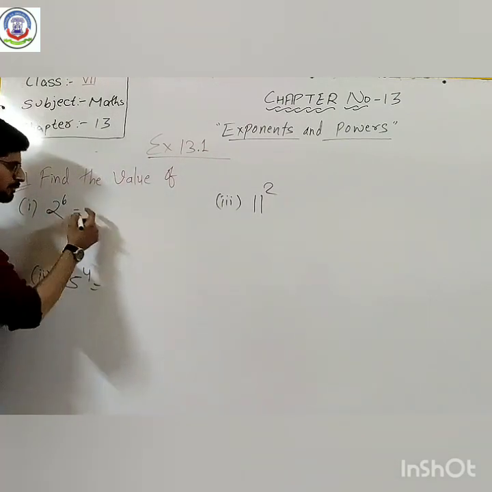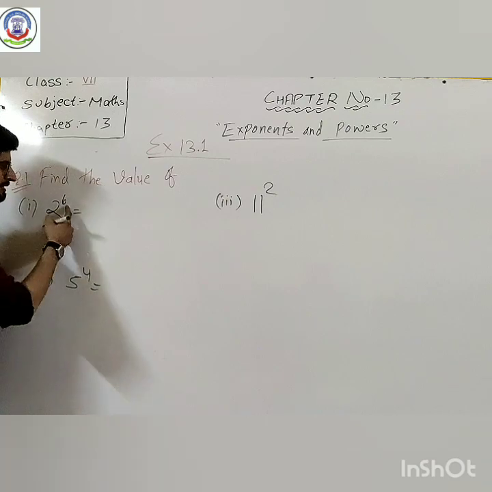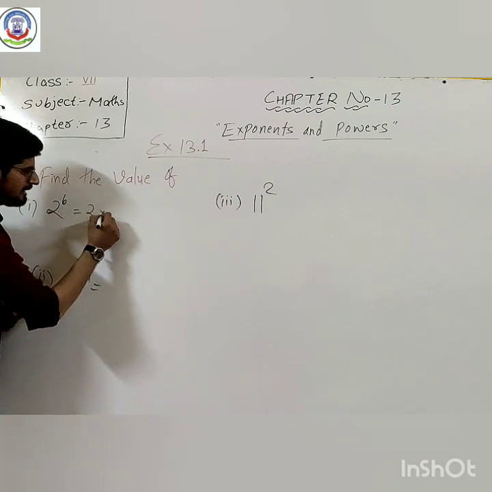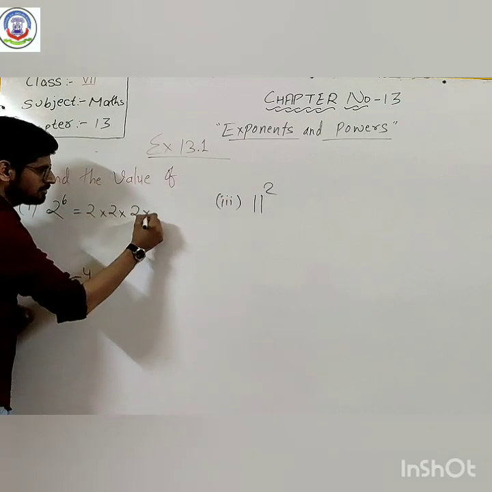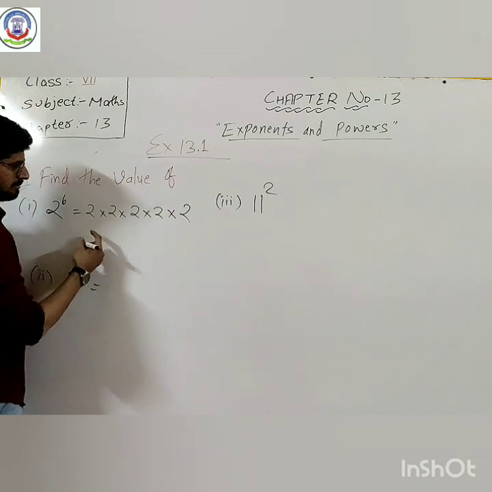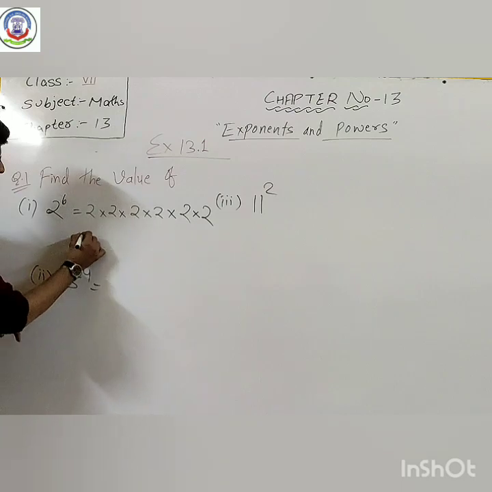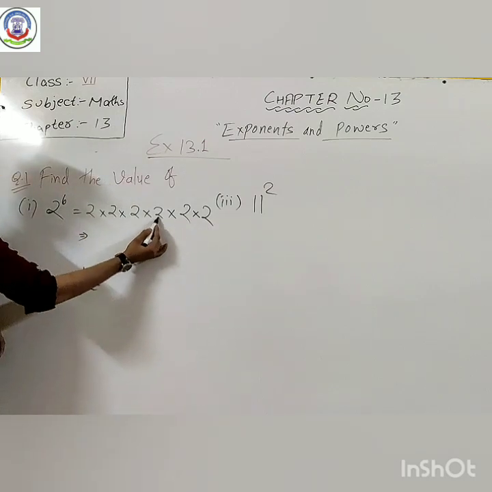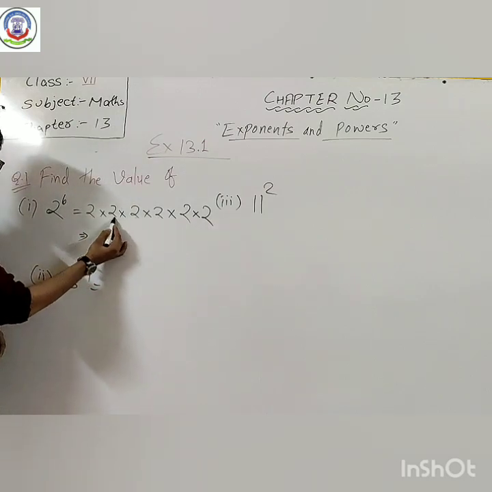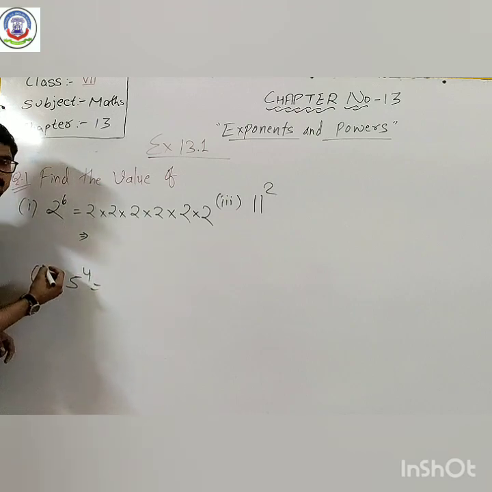Which number is this? 2. How many times can I write it? 6. So 2 multiply 2 multiply 2, how many times? 6 times. Okay. So find the value. 2 2s are 4, 4 2s are 8, 8 2s are 16, 16 2s are 32, 32 2s are 64.